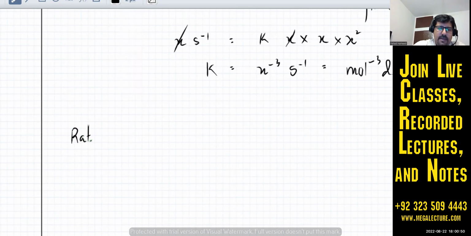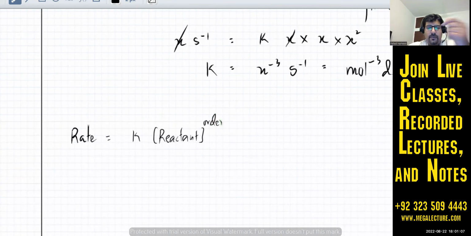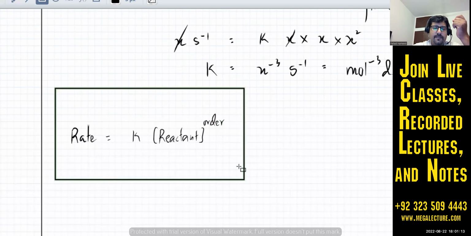You've got rate, and it's equal to K times the reactant concentration, with a power which is the order. It's 0, 1, or 2, right? That's the general rate equation.